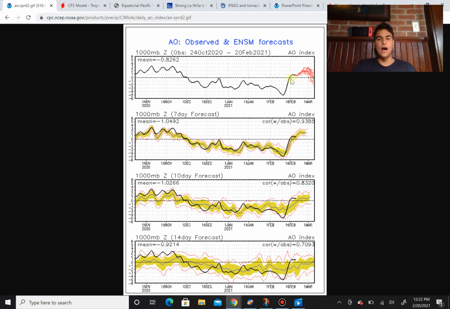It's not until I'd say February 15th where we finally got out of the negative Arctic oscillation, and now we've reached a positive Arctic oscillation.